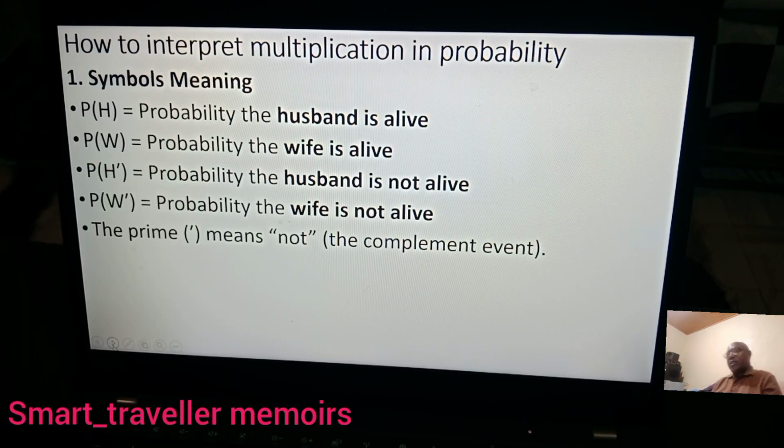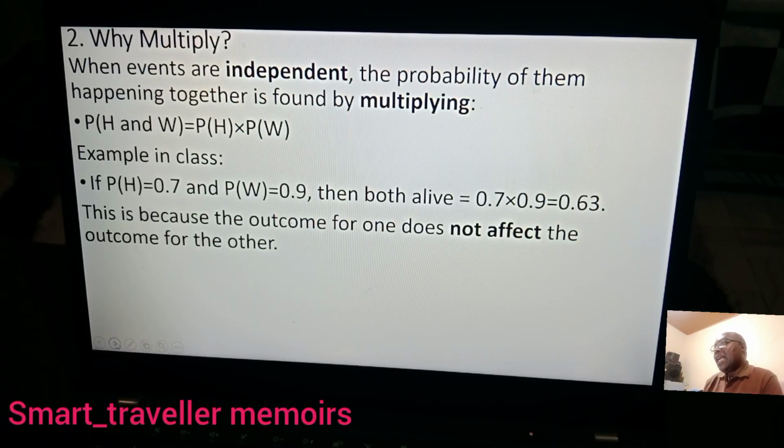So now, this is the theory we are doing. We now also repeat again, why do we multiply? When events are independent, the probability of them happening together is found by multiplying. That is the reasoning. So P of H and W is equal to PH times PW.